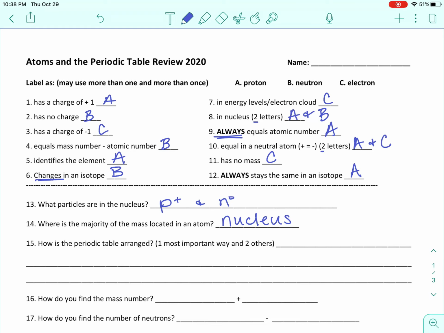How is the periodic table arranged? Well, the most important way is it's arranged by increasing atomic number. The other two ways that it's arranged are the rows, which go left to right, and they're organized by energy levels.